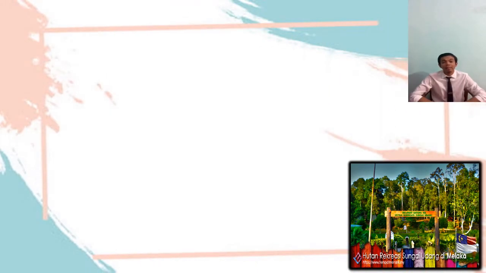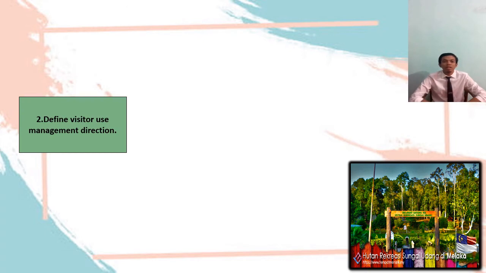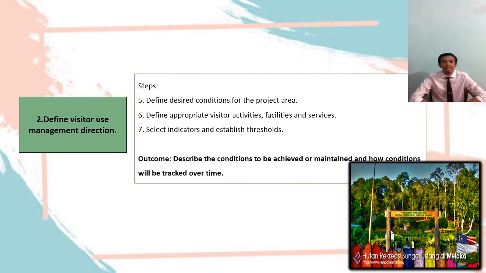Next, element 2. Define visitor use management direction. The aim of this element is to address the questions: what do we do, and what will prove that our management has been effective over time? Visitor use management direction may be developed as part of a broader plan or developed more extensively within the context of a particular resource or activity plan.